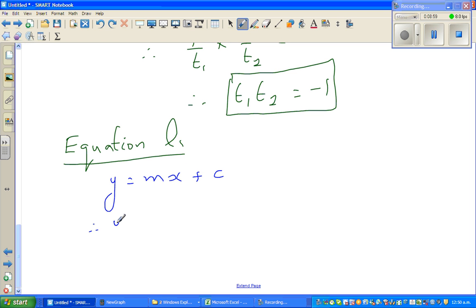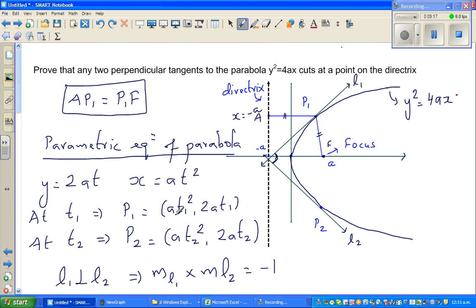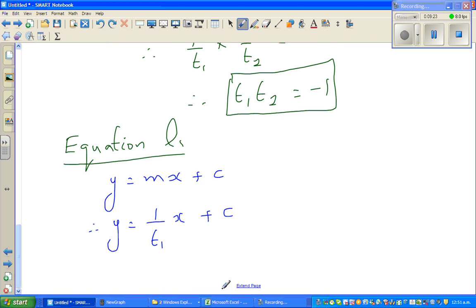So therefore I can say y is equal to, we know the gradient of L1 is 1 over t1, so 1 over t1 times x plus c, and I can substitute a point. I know a point on this line L1, which is at1 squared, 2at1.